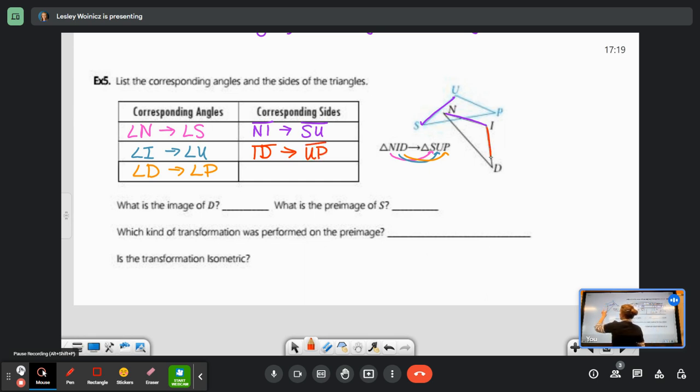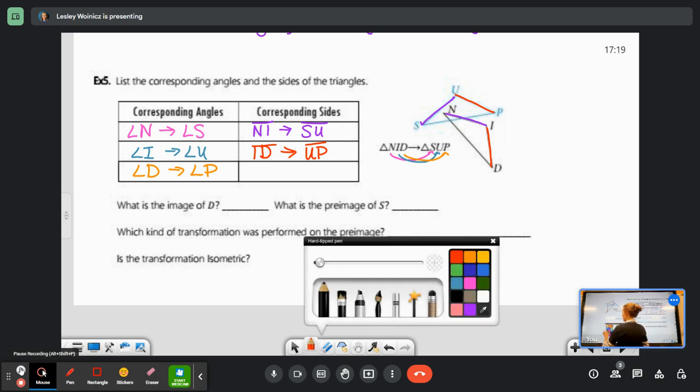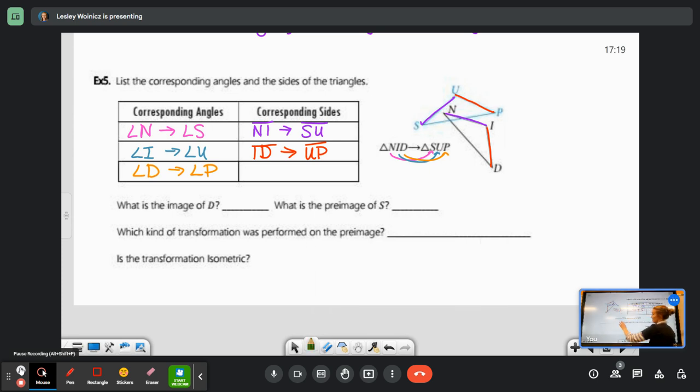So ID is here, it goes there. Then DN maps to segment PS. DN, PS. So you can see that this has been rotated.